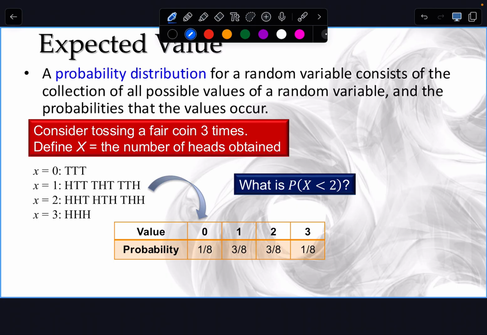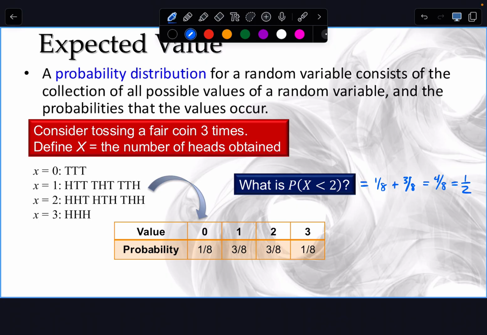So if I'm going to go strictly less than 2, that means I want 0 or 1. And so when I calculate that probability, I can take the 1/8 for 0 plus the 3/8 for 1. So I get a 4 out of 8 chance, or 1/2, 50-50. So the less than or equal to, greater than or equal to, when you're looking at those in a discrete random variable, it makes a huge difference whether we include or don't include that endpoint. So be aware of that, okay?